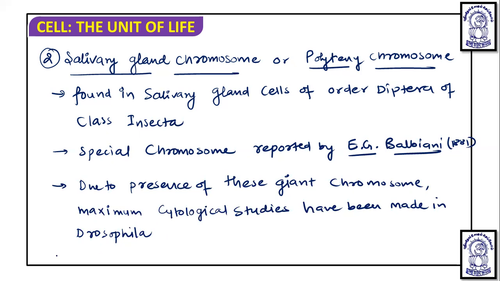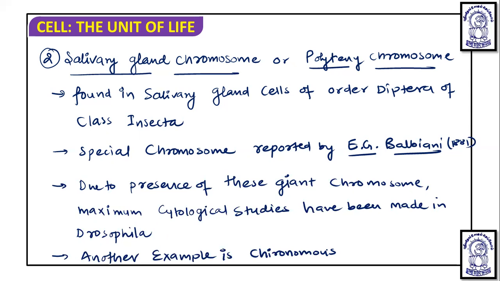Another example is Chironomus, in which the salivary gland chromosome has been observed.